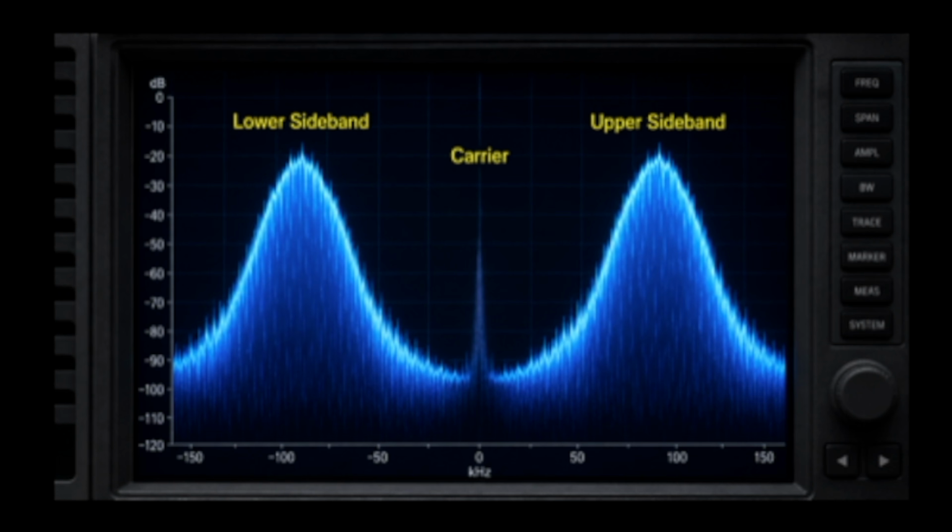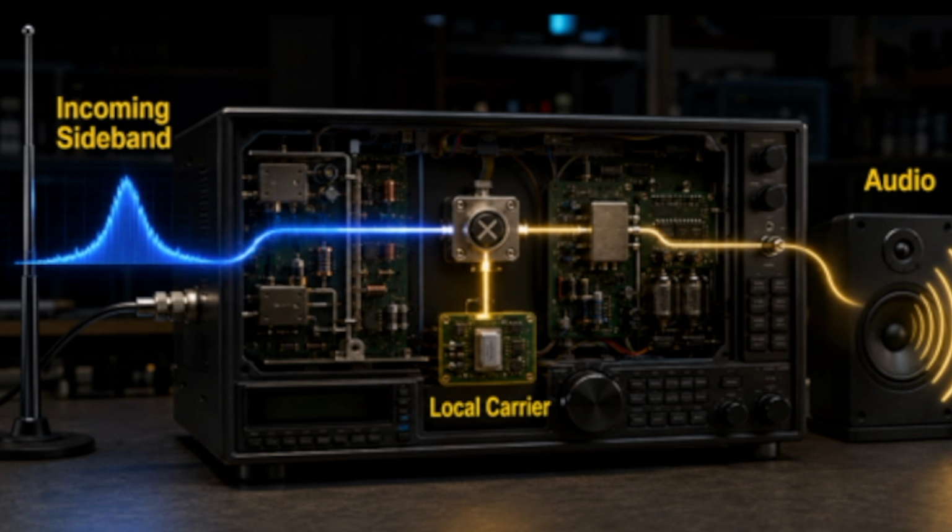It then combined that locally generated carrier with the received sidebands sent from the transmitter, allowing the detector to recover the original speech. That changed everything. If the receiver no longer needed the transmitted carrier, there was no reason to waste transmitted power sending it. But engineers didn't stop there.